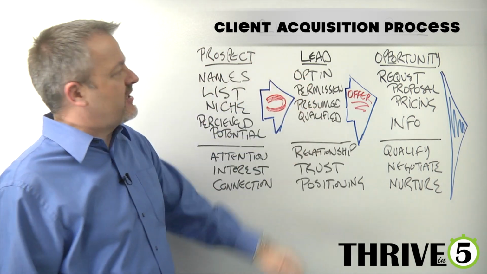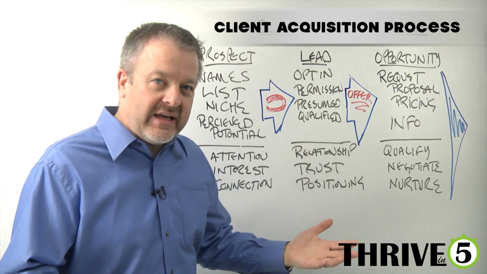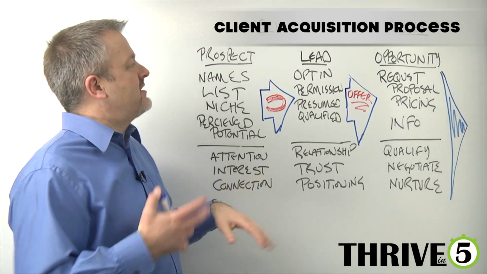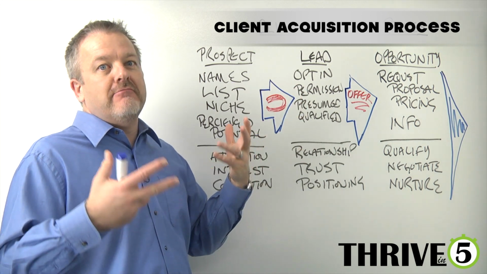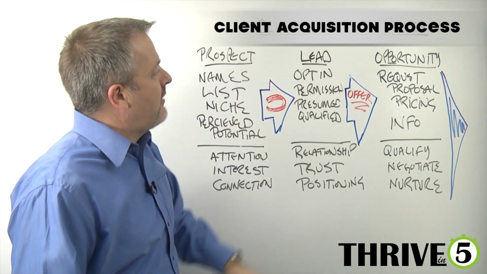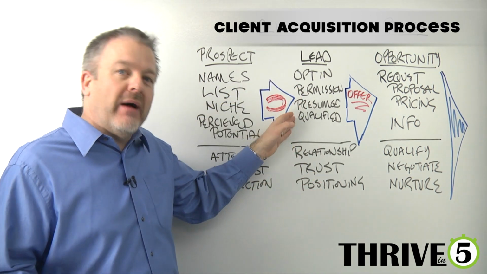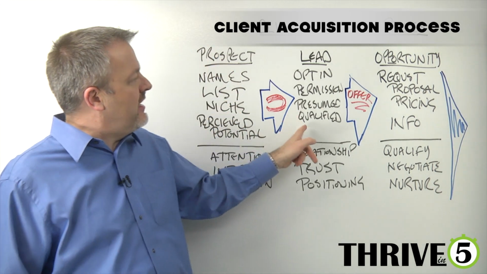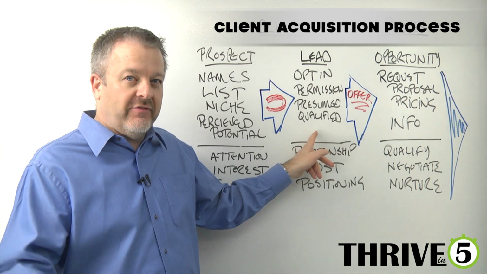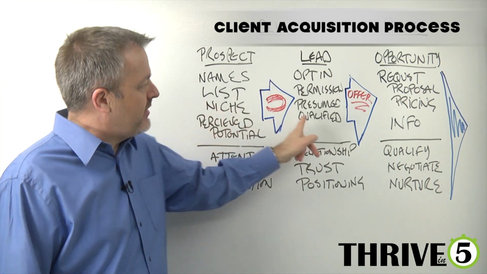A lead is someone who has agreed to work with you, has given you permission to market to them. They might have opted into a list. By opting into your list, if they come from this prospect list, you presume them qualified based on the fact that they've gone from here to here.